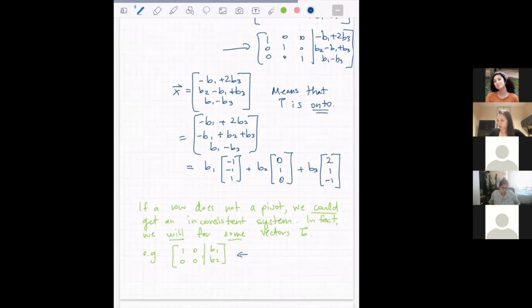So this is inconsistent if B2 is non-zero. So not every... how do I want to put this? So we get a solution for every B.